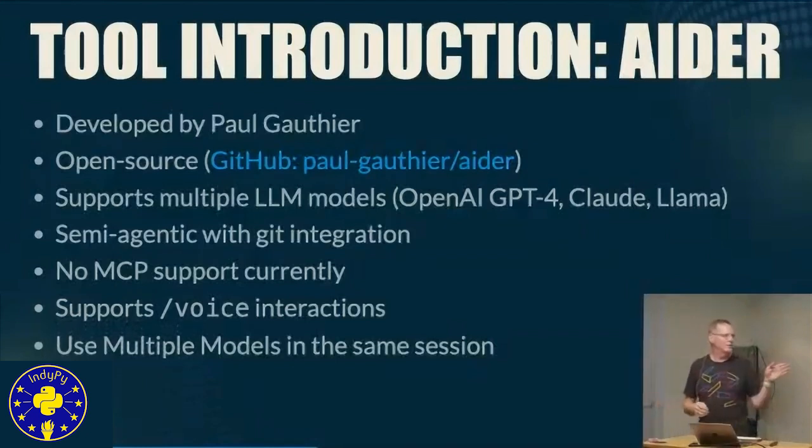And again, you can use multiple models. The other power I find with Aider is you can use multiple models in the same session. It's got an architect mode, an editor mode, and then a weak model. Those can be 3 different models based on how these models interact with your code base and your workload.